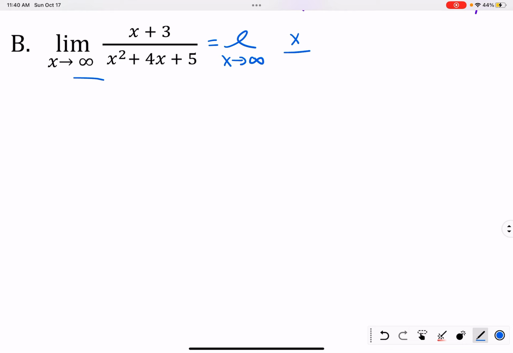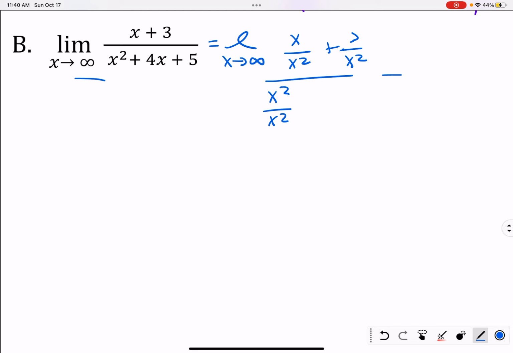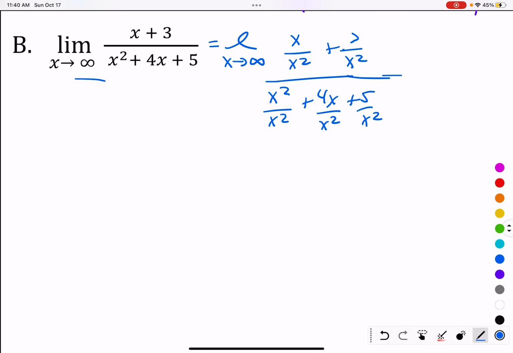We'll do x divided by x squared plus 3 divided by x squared, all over x squared plus 4x over x squared plus 5 over x squared, and we'll see what happens. This simplifies to 1 over x. This doesn't simplify, 3 over x squared. This would simplify to 1. This would be 4 over x. And the last term doesn't simplify.